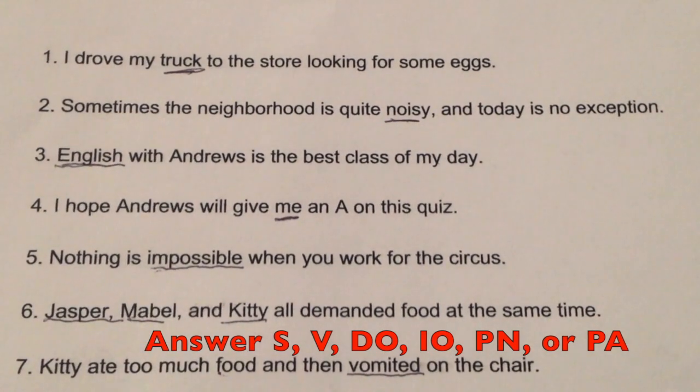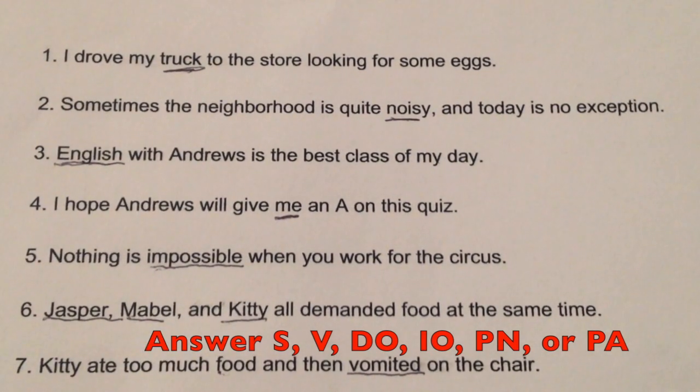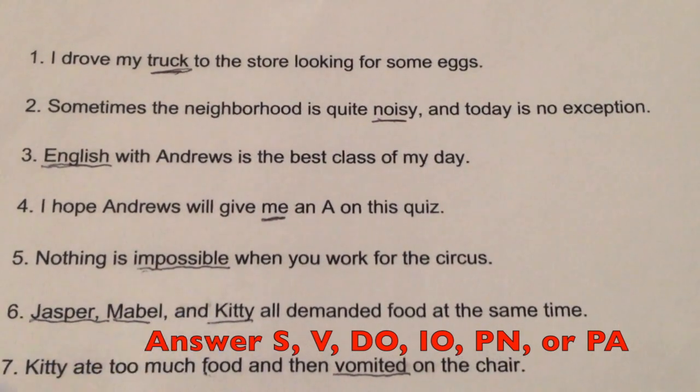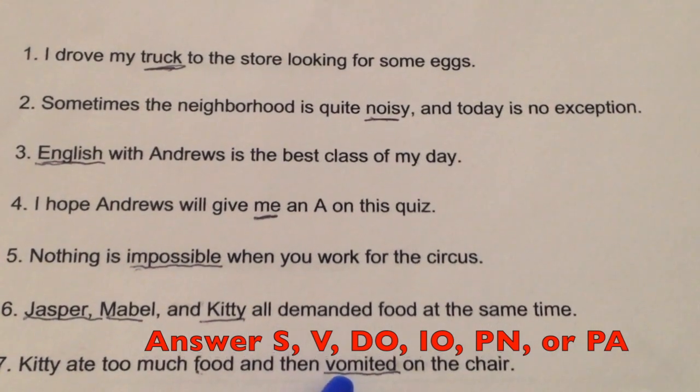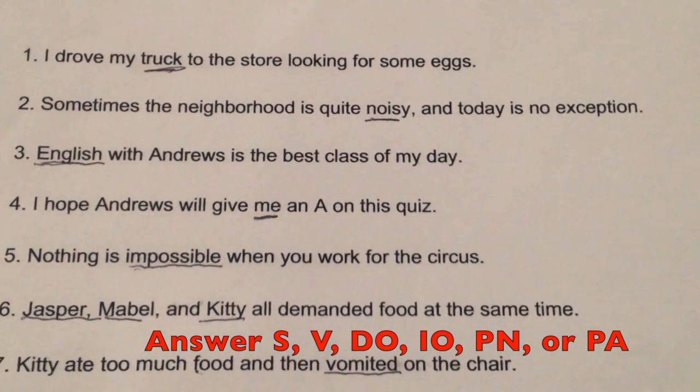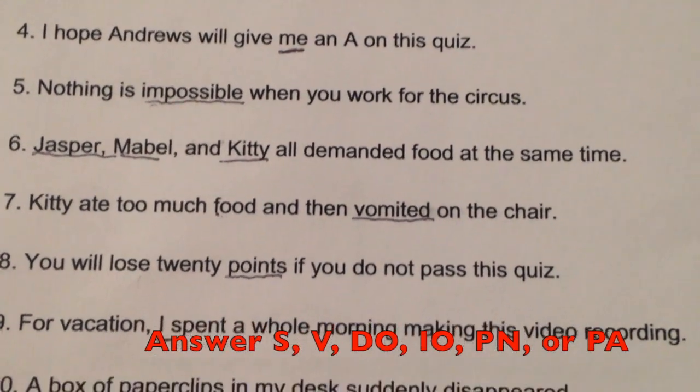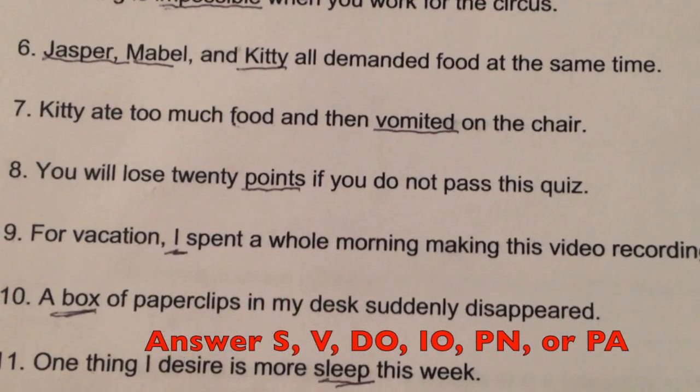Impossible. Number 6. "Jasper, Mabel, and Kitty all demanded food at the same time." What sentence part would Jasper, Mabel, and Kitty all be? Number 7. "Kitty ate too much food and then vomited on the chair." Vomited. Number 8. "You will lose 20 points if you do not pass this quiz."